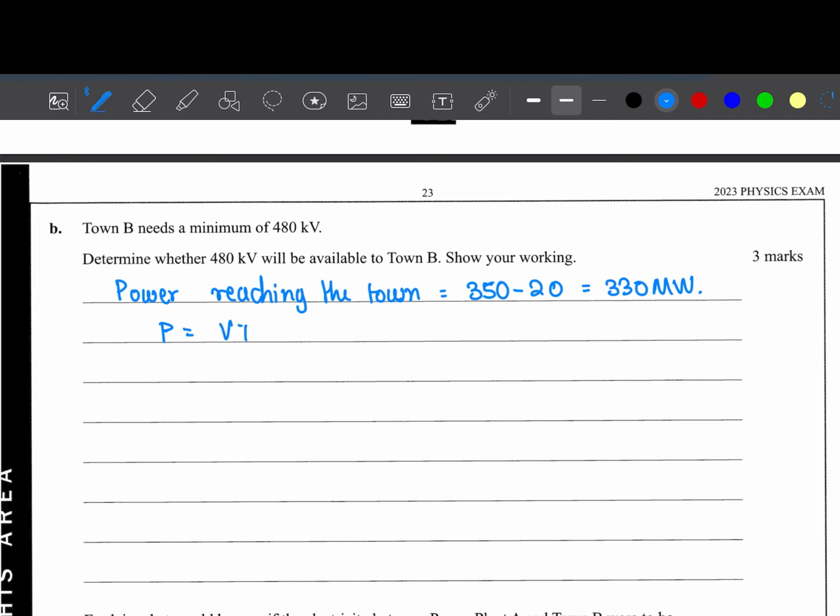So P equals VI. Now we're just substituting in the values to find the voltage that is supplied, because we know the resistance, we know the current as well.